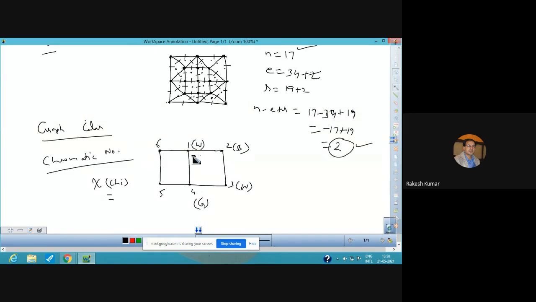And if there were an edge here, then it could not be given white color, so we would have to use a third color. But now it is white, and it can be black because there is no direct edge. Similarly, it can be white, and if this is white, this cannot be white. It can be given black. So how many colors have been used? 2, black and white.